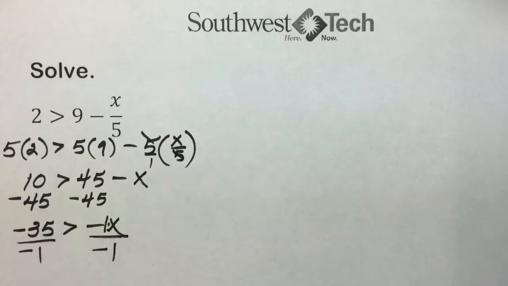If we multiply or divide by a negative, we must reverse the direction of the inequality. Simplifying, we end up with a positive 35, and negatives cancel out. 1 over 1 leaves the x. An equivalent inequality to this, bringing the variable to the left, would be x is greater than 35.